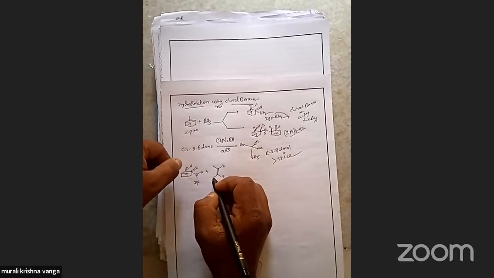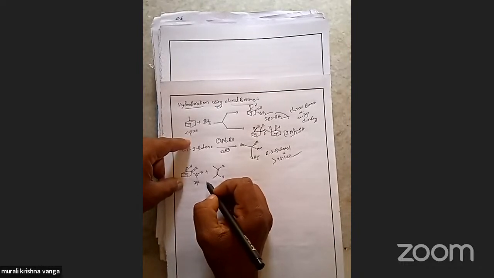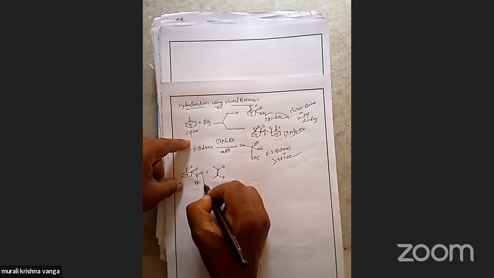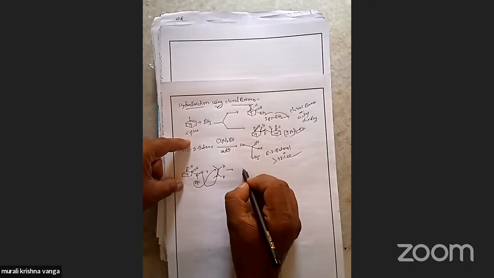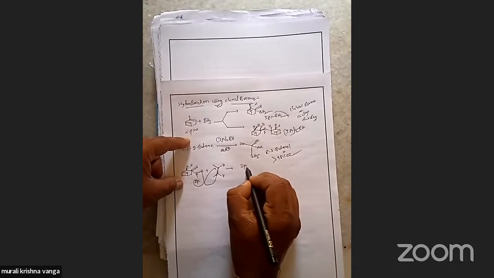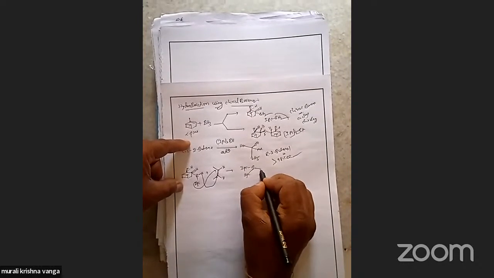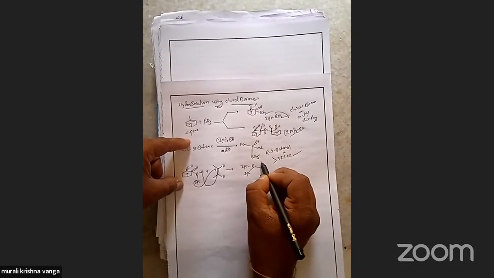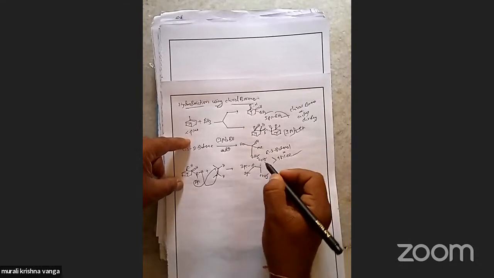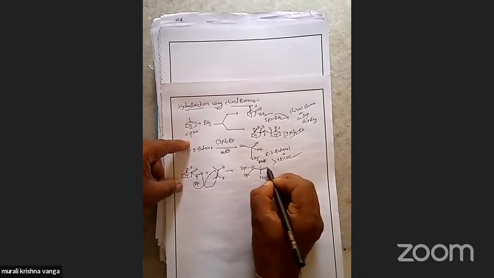The attack takes place through the less hindered transition state. Hydrogen goes here and IPC goes here, then it forms the product, the boron IPC with C2H5 and C2, here methyl, here hydrogen.